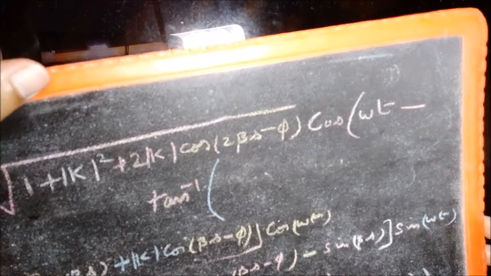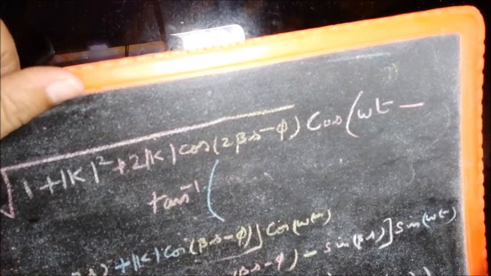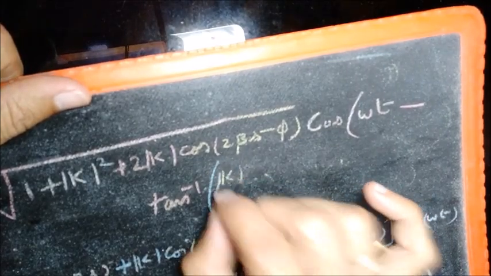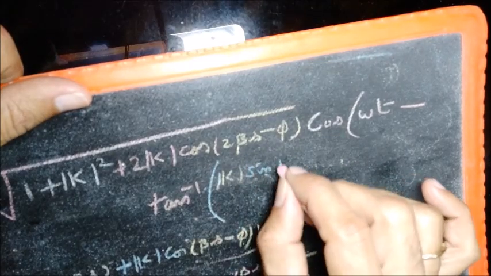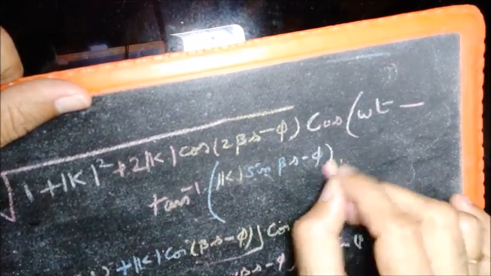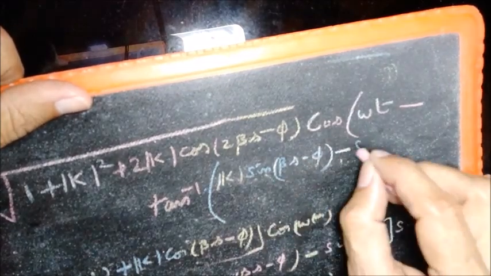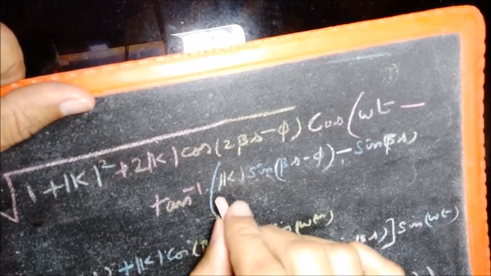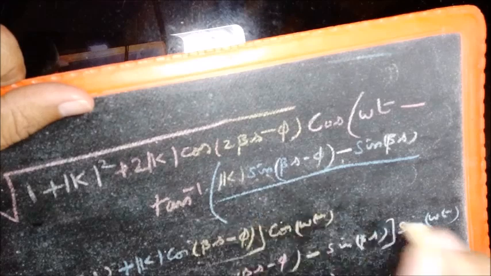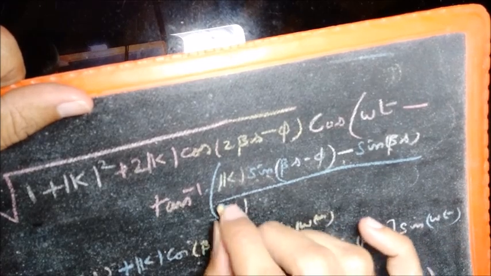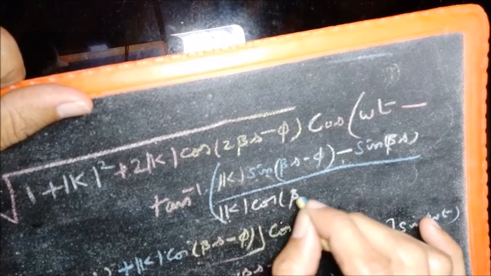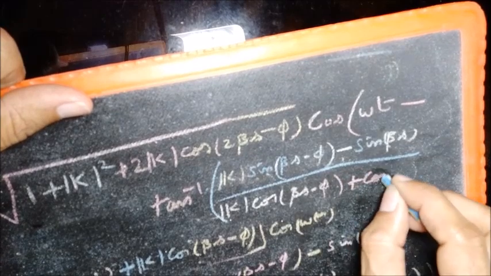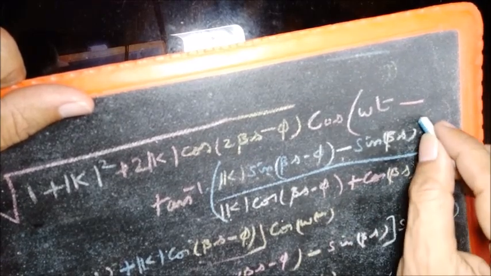So b by a, when I write tan inverse b by a, I get k sin(beta s minus phi) minus sin beta s, divided by k cos(beta s minus phi) plus cos beta s.